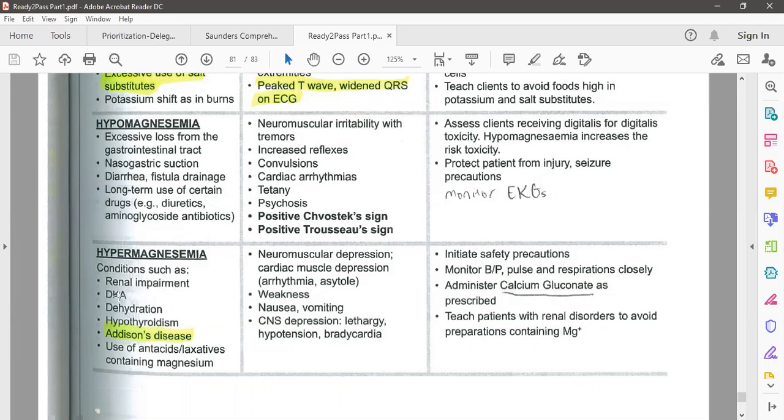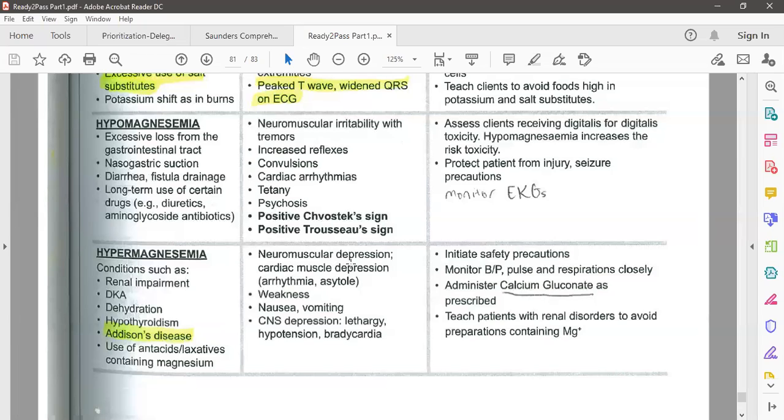Diabetic ketoacidosis, dehydration, hypothyroidism, Addison disease cause hypermagnesemia. Also long-term use of antacids or laxatives containing magnesium, right? So it is magnesium-containing antacid.